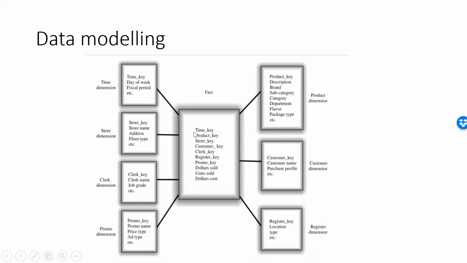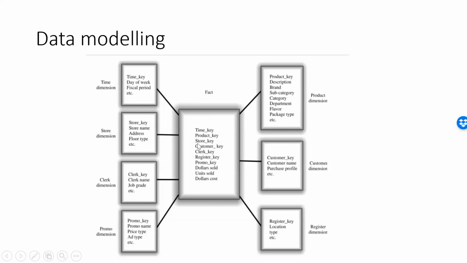We should not require the time key; we need the particular date time. We do not require the product key when creating charts and graphs. If you are creating a bar chart between product key versus product sold, you need to replace the product key with product-related information. What is the brand of the product? What is the name of the product?